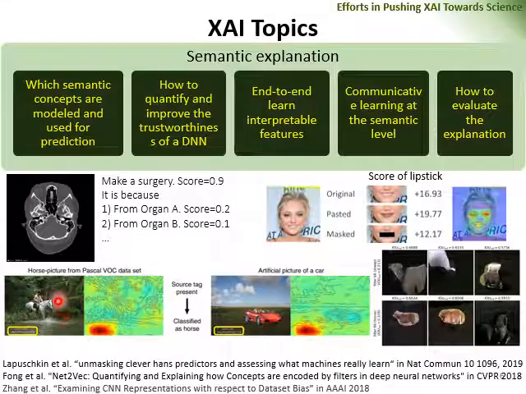They are all problems. Another application is that when the neural network makes a prediction, we want to clarify the true reason behind the prediction. For example, for a medical image, the neural network says that this guy needs a surgery, and the score is 0.9. And the reason may be like this.